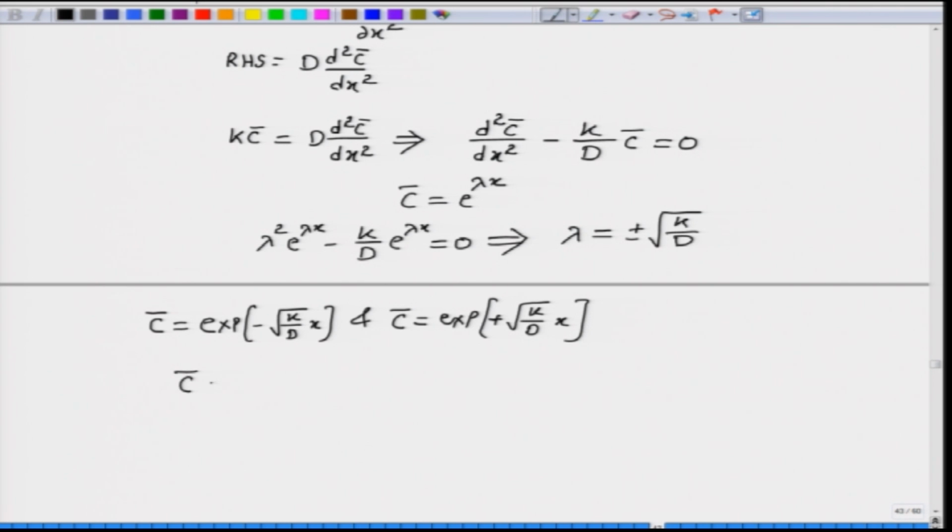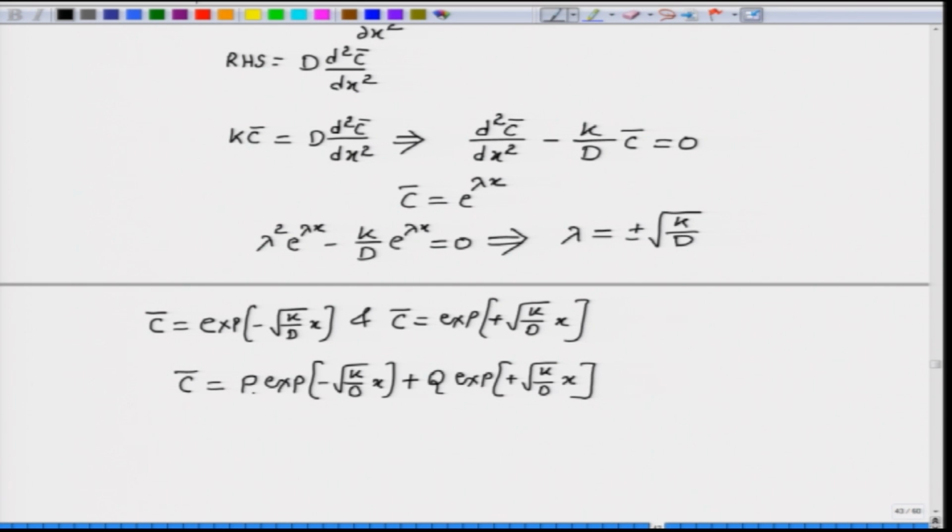So, we can write the solution as c bar equal to some constant p times exponential minus root k by d x plus q exponential plus root k by d x.